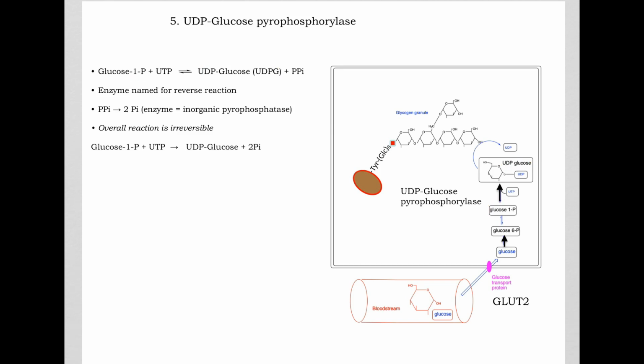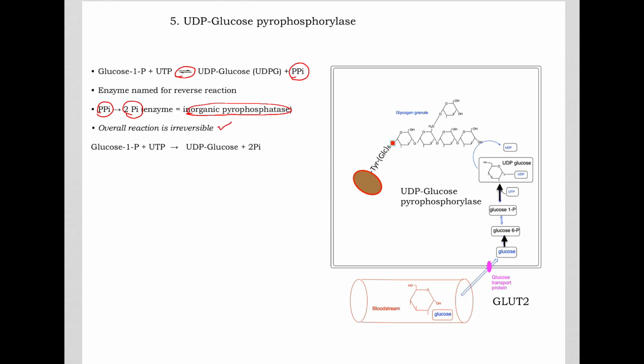So although this part of the reaction is reversible, we have a product, pyrophosphate, and pyrophosphate is immediately broken down to 2 phosphates by the enzyme inorganic pyrophosphatase that is present in all cells.